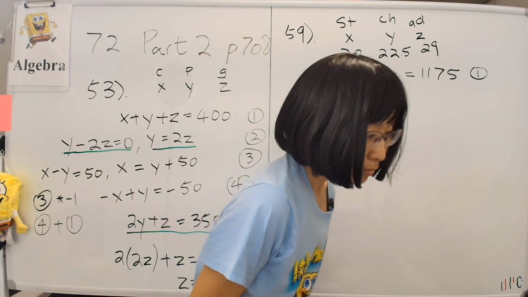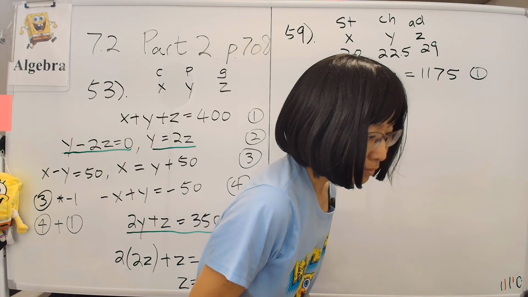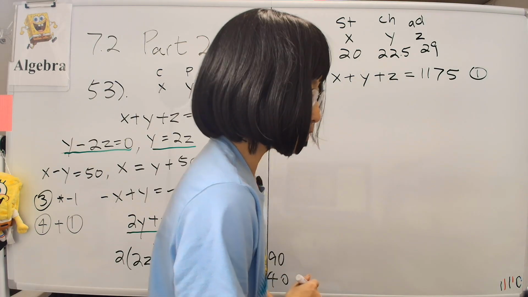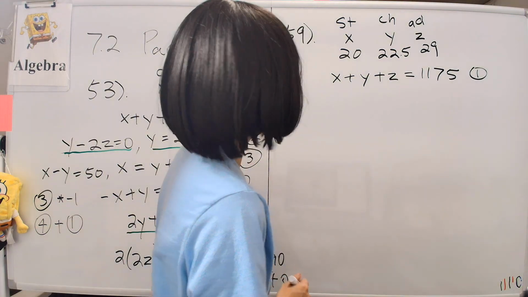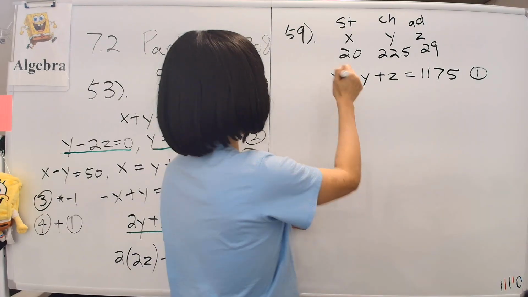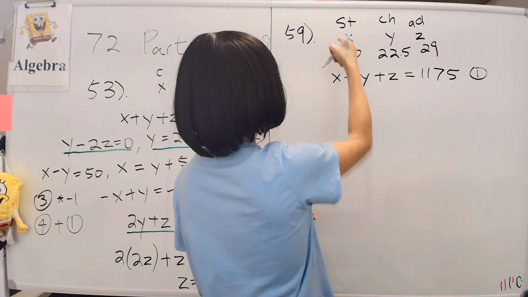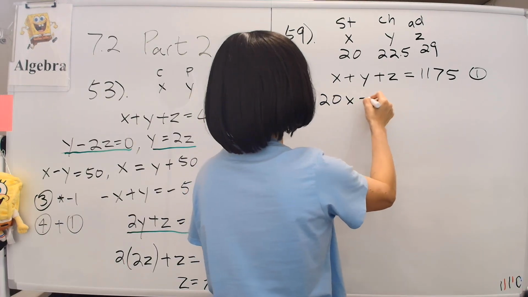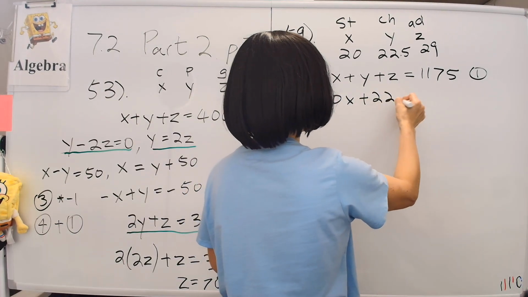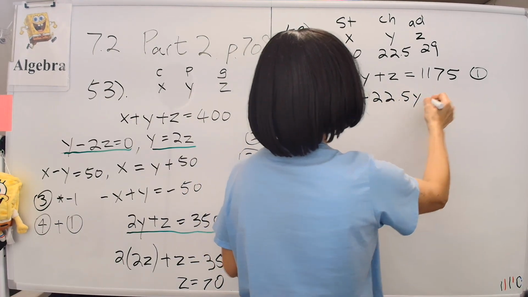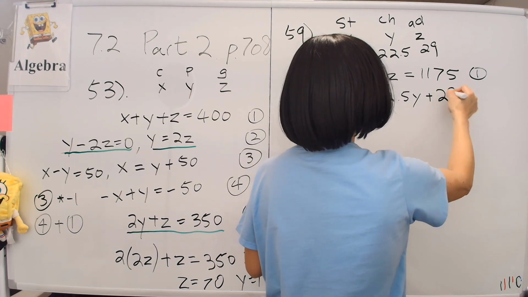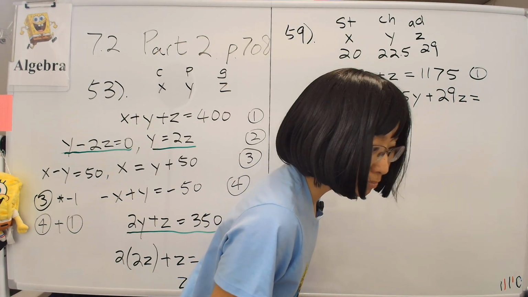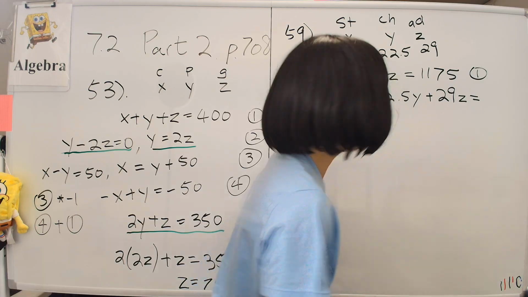Next, we have the total purse, the entire income from the tickets, which would be 20 times x plus 22.50 times y plus 29 times z, equal to 28,000.